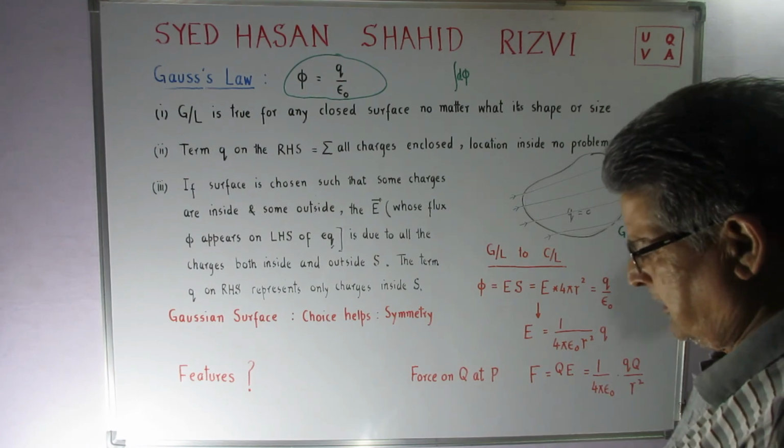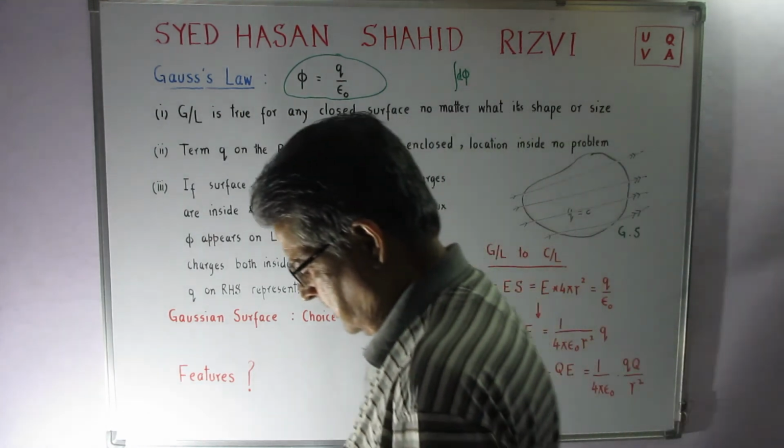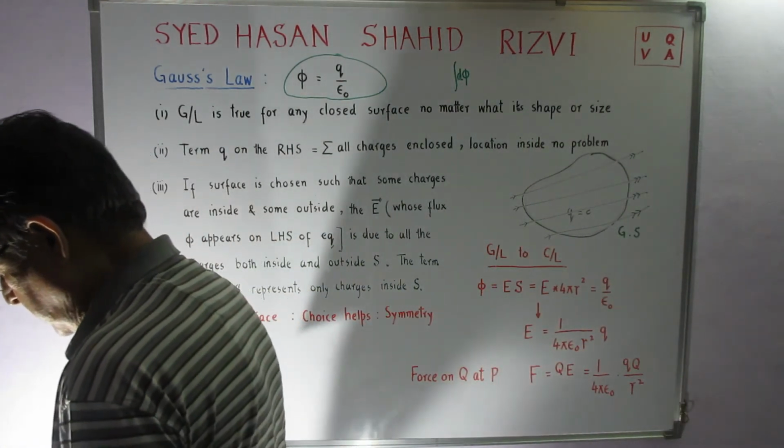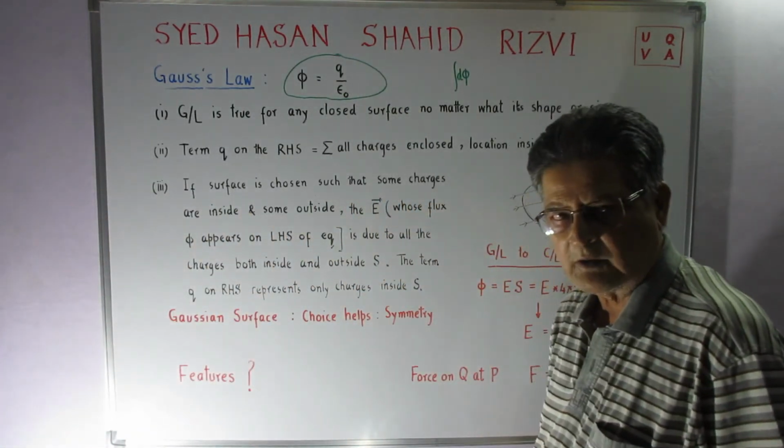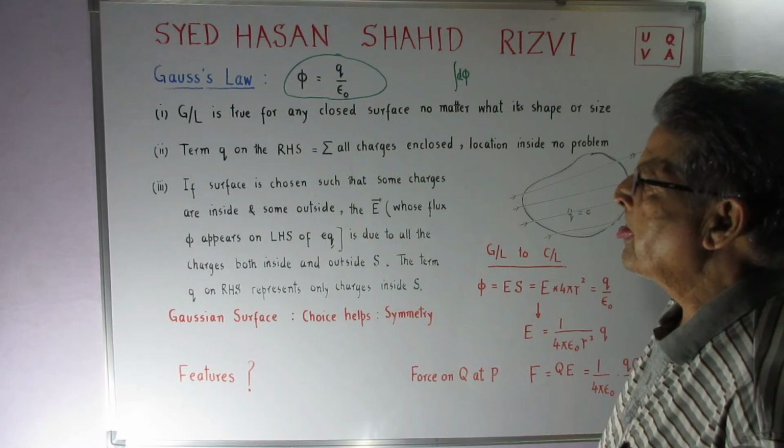We can go forward towards the Gauss law, and we can go backward towards the Coulomb's law.